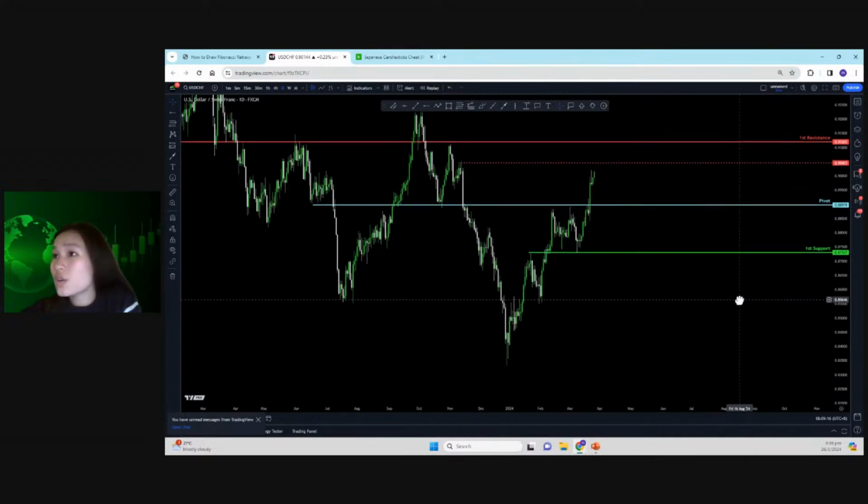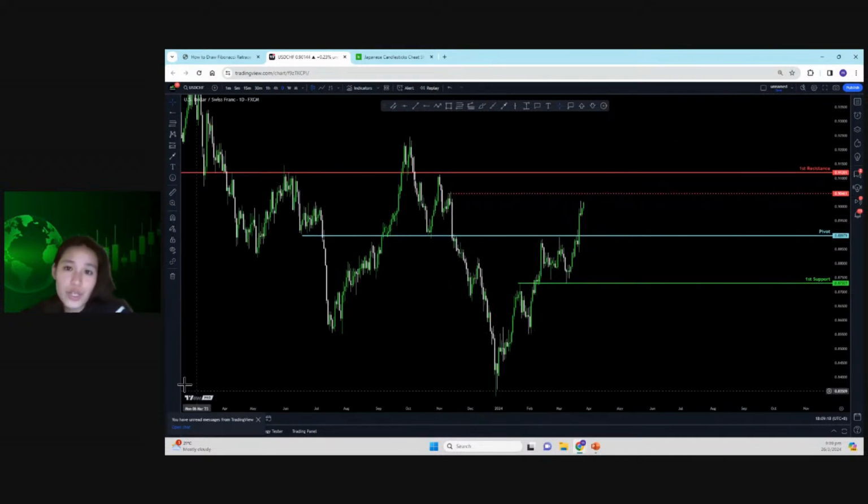So now we're going to support these levels with our Fibonacci.